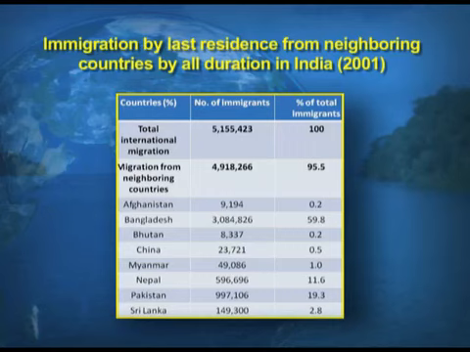And as I have already told you, the neighboring countries are Afghanistan with 0.2% of the migration, and the maximum migration, as you can see on the table, children, is from Bangladesh accounting for around 60%, Bhutan 0.2%, China 0.5%, Myanmar 0.1%, Nepal 11.6%, Pakistan 19.3%, and Sri Lanka 2.8%.